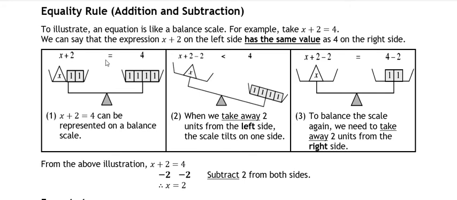Here, x plus 2 on the left side has the same value as 4. When you take 2 from the left side, the left side will tilt upwards. To make it balance once more, you take the same value from the right side. So when you subtract 2 on both sides, you have x equals 2, and this is your solution.